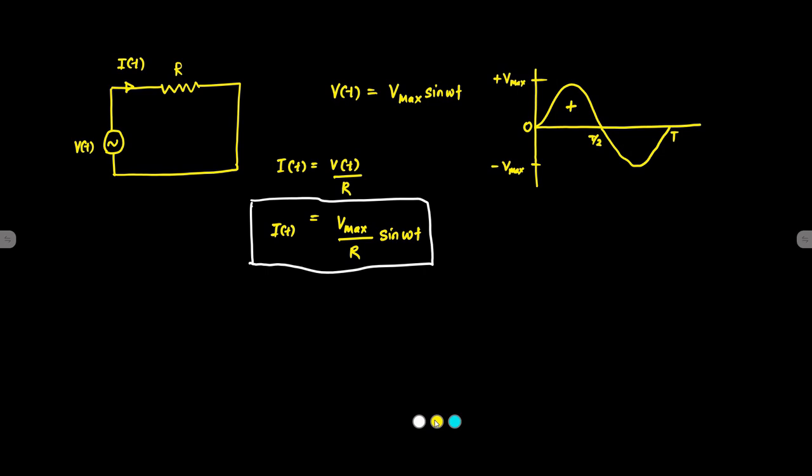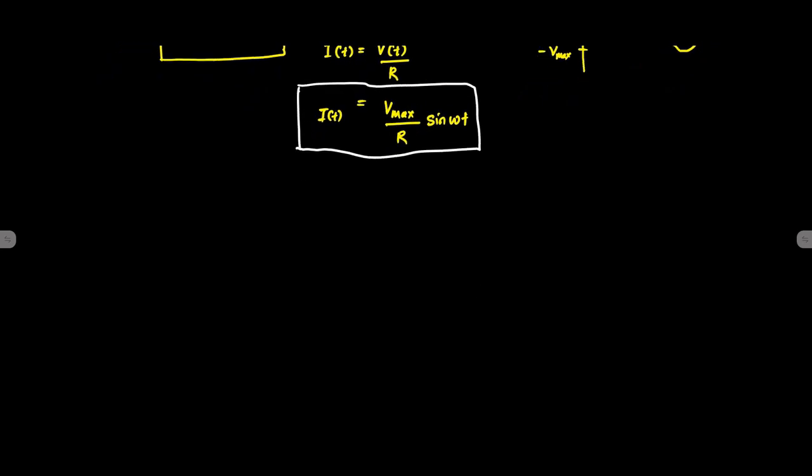So let I(t) equal to V max by R sine omega t remain constant for a small duration dt.